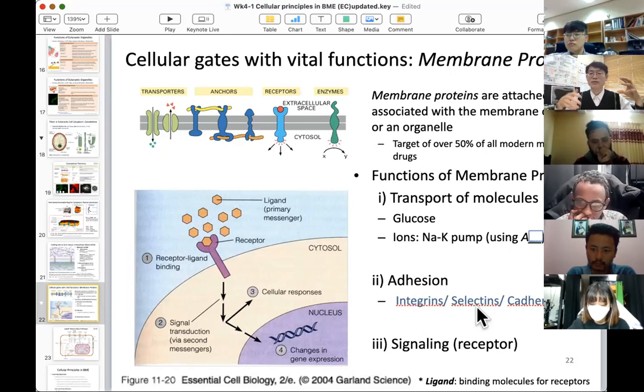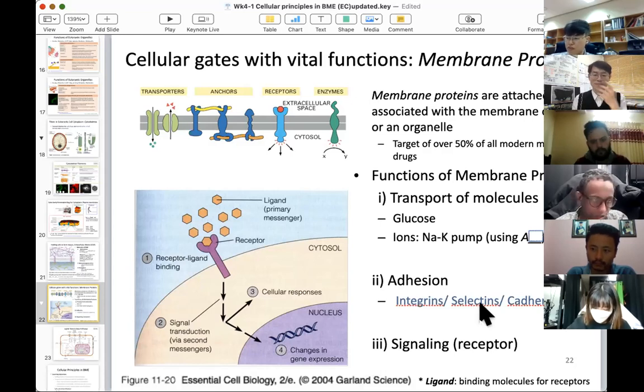Also, the selectin molecule is used for interacting with the glycoprotein, which means a sugar protein, of the immune cells. You remember, white blood cells and red blood cells. The white blood cells are flowing along the blood vessel. When there's an inflammation, selectin molecules are expressed on the endothelial cells, and these white blood cells interact, catch, and know that there's something going on inside the tissue. So selectin is involved in this kind of messaging.